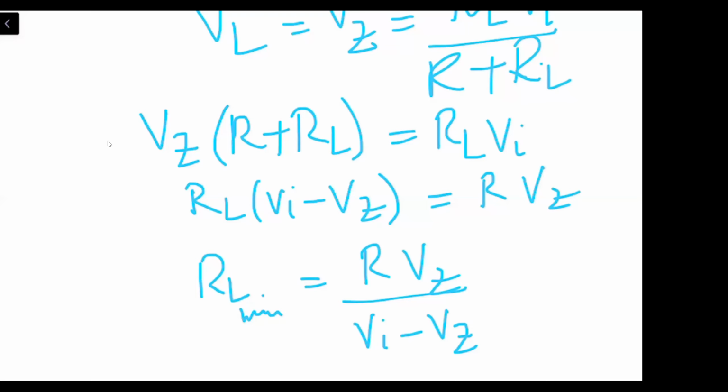Okay, so this means RL minimum should be there so that the zener diode is in the regulation mode, or it should be in the on region.